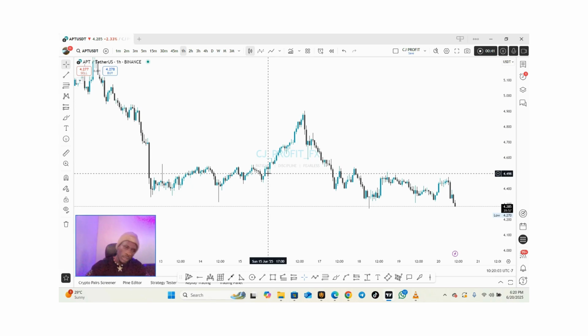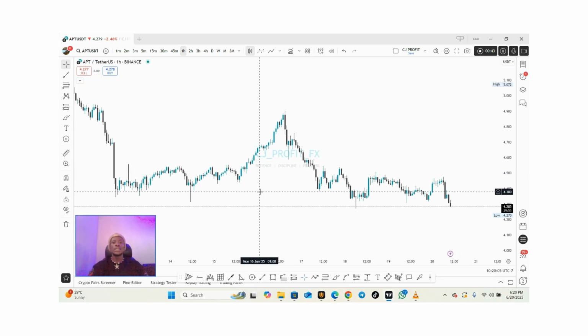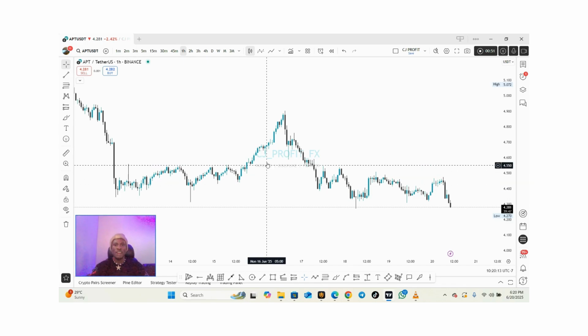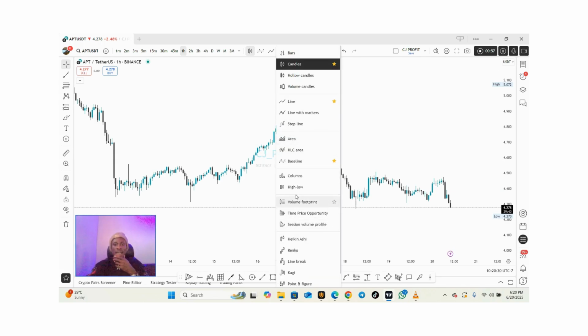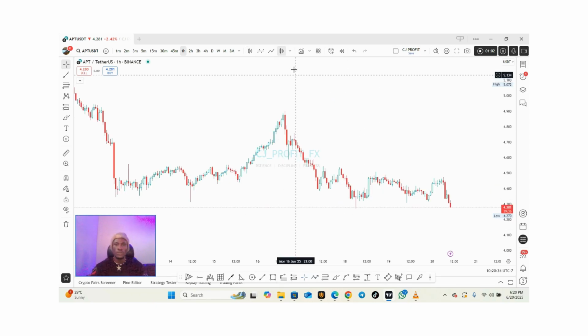Okay, as I told you before, a candlestick is a graphical representation of price. It looks like a graph. It represents the price of any asset you are trading. We have many types of bar styles. All these can represent the price of any asset you are trading. You can use a Heikin-Ashi candle.